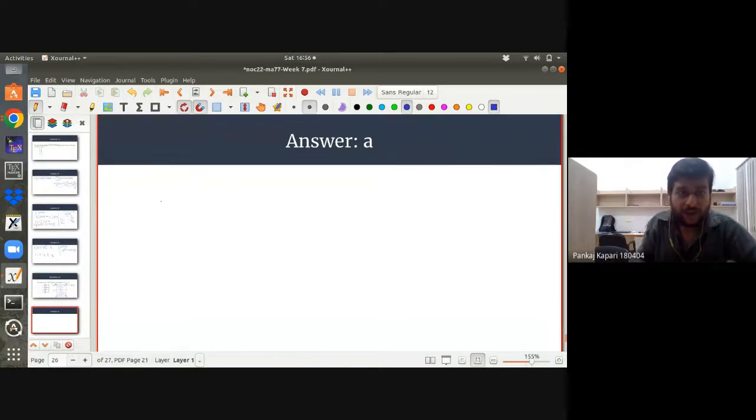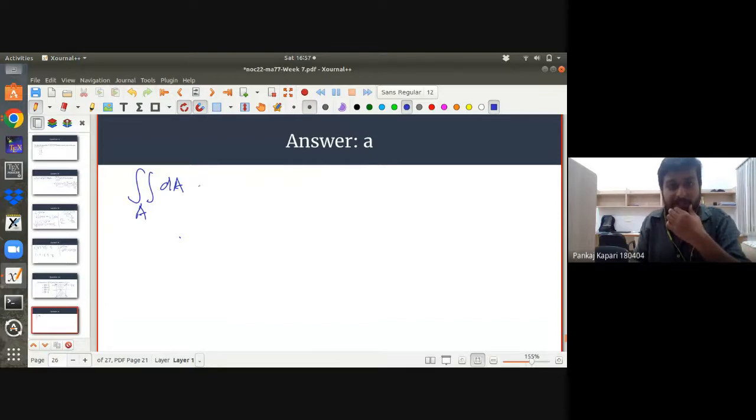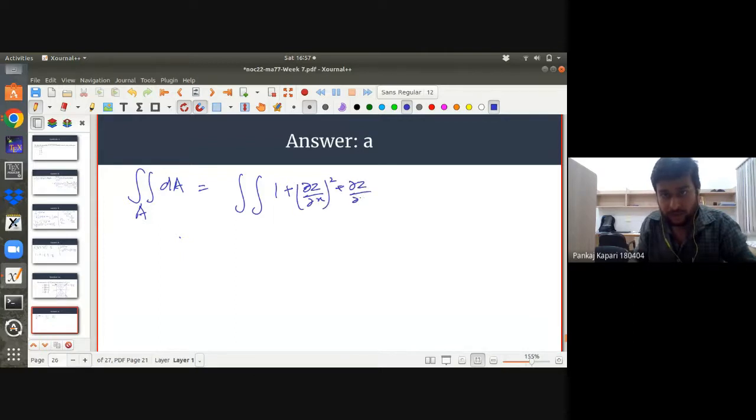To find the area of some surface, you have to find the area, then you have to integrate. Let's say we have to find the area of some region A. Then we denote that area by the double integral of the square root of 1 plus del z by del x whole square plus del z by del y whole square, dx dy, over the projected region of A into the xy plane.